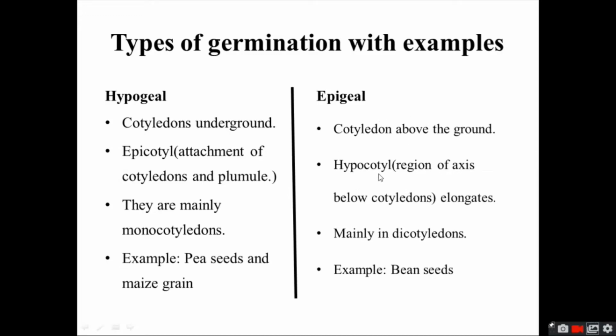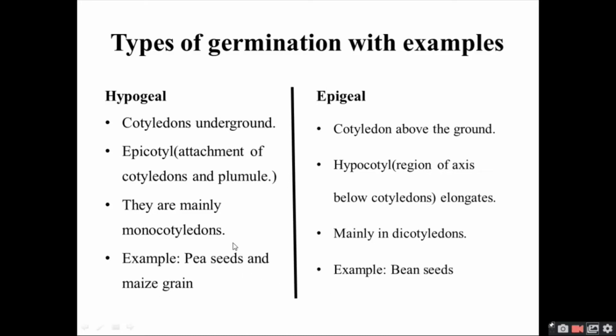In case of epigeal, the hypocotyl, the region of axis below the cotyledon, elongates. So hypocotyl is basically present near to the radicle or root part, and in case of epigeal type of germination, this part elongates. Hypogeal germination is seen mainly in monocotyledons like grass, and in pea seeds and maize grains.